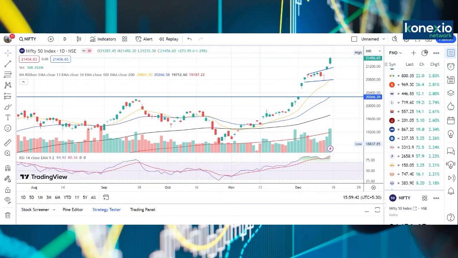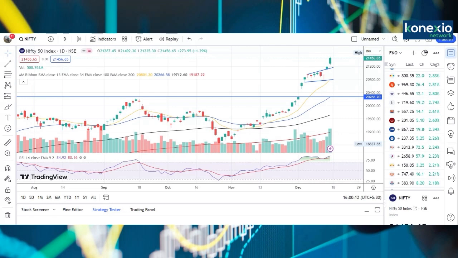Until and unless Nifty closes below 21,135, we might not see profit booking coming in. If there are any corrections and that level is defended by the bulls, then again we will see an extension of the rally from these levels.